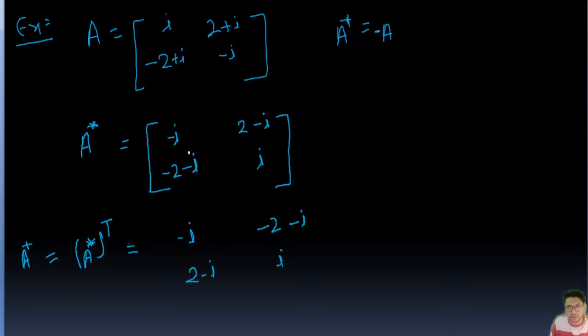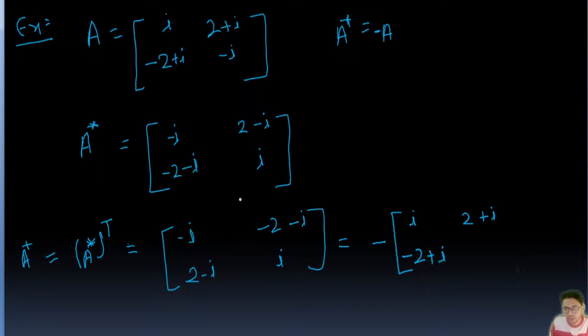From here we can take minus common, so it is going to be iota, 2 plus iota, minus 2 plus iota, and minus iota, because we have taken minus common. This is equal to minus A. This value is A, right? It's minus A, this one.